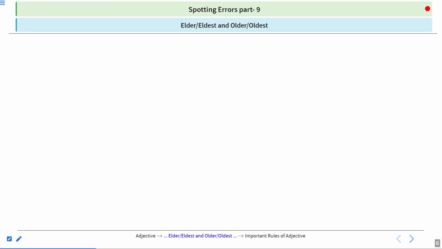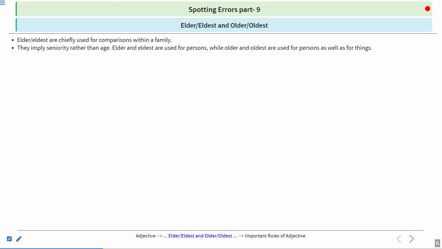Elder, eldest, and older, oldest. Elder and eldest are chiefly used for comparisons within a family, or we can say blood relatives. They imply seniority rather than age.